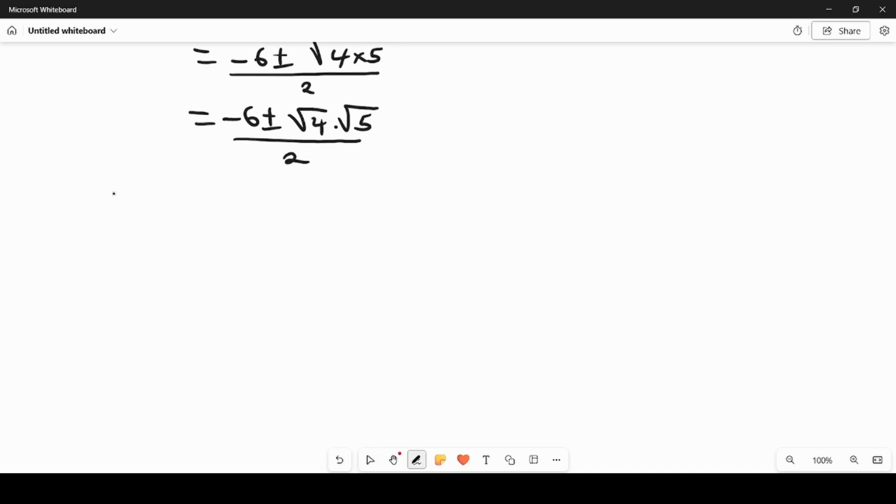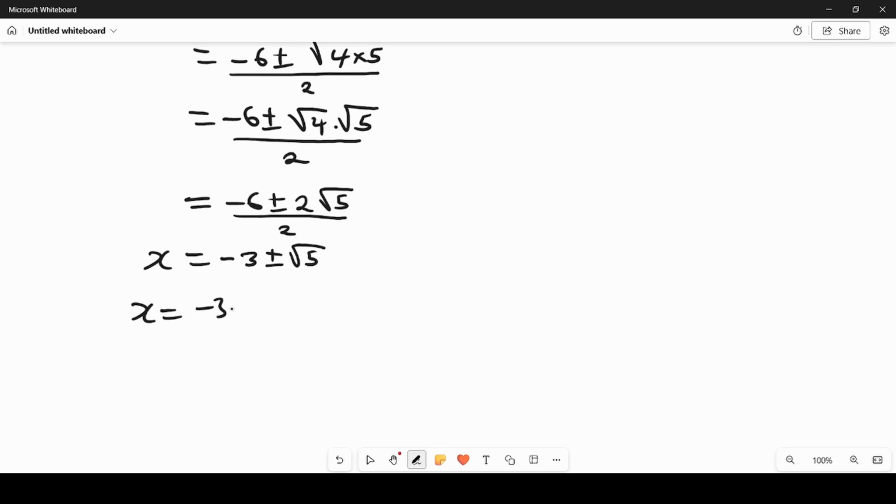So this is equal to minus 6 plus or minus 2 root 5, everything over 2, which you can write as minus 3, if I divide by 2 throughout, plus or minus square root of 5. Okay, this is my x. So the x values: one is going to take minus 3 plus root 5, and x will take minus 3 minus root 5.